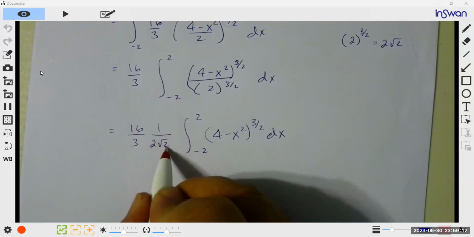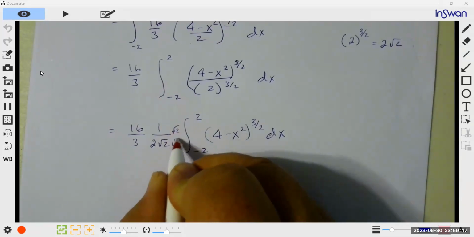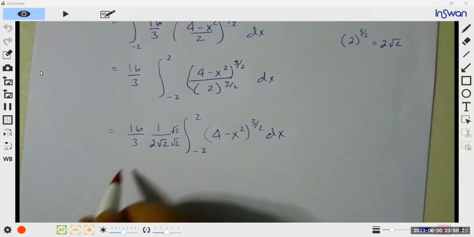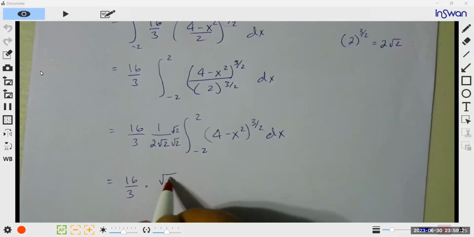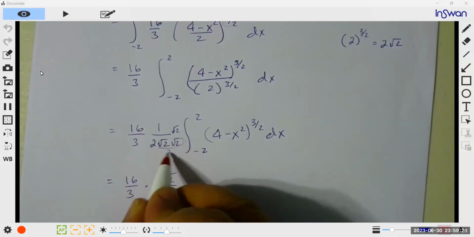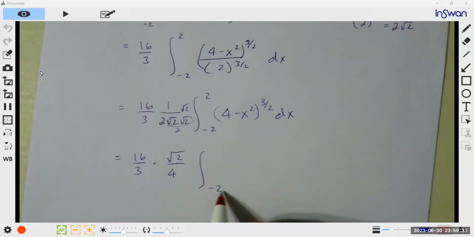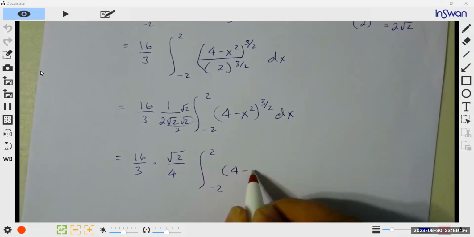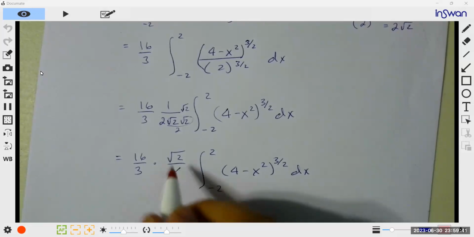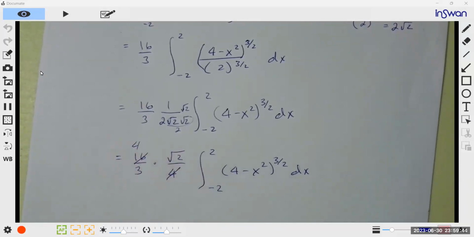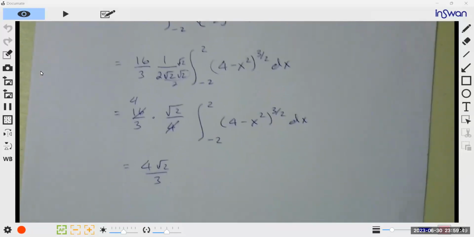All right, so I get to rationalize the denominator. So I got 16 over 3 times radical 2, radical 2 is 2, so it's 4. So the 4 and 16 cancel. So we have 4 radical 2 over 3.